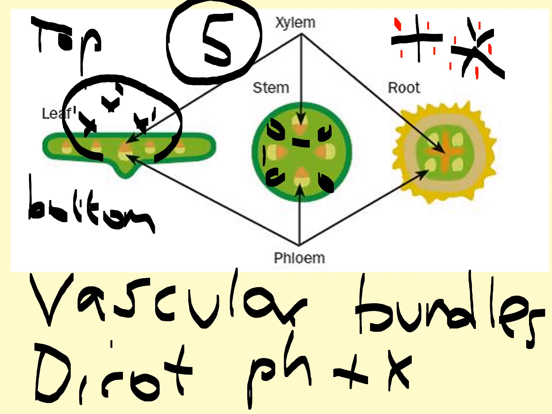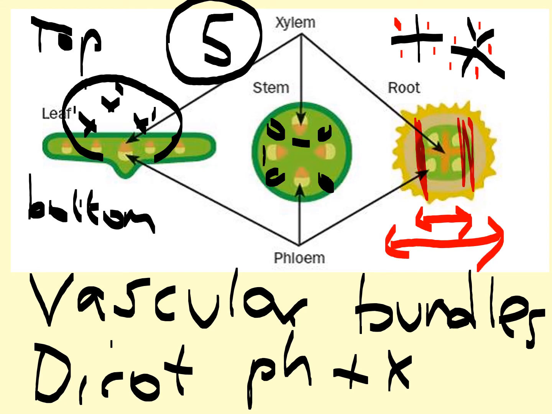Okay, now something to note is that your xylem and phloem should take up less than half of the overall width of your root. So if you were drawing one, let me just get rid of this stuff.